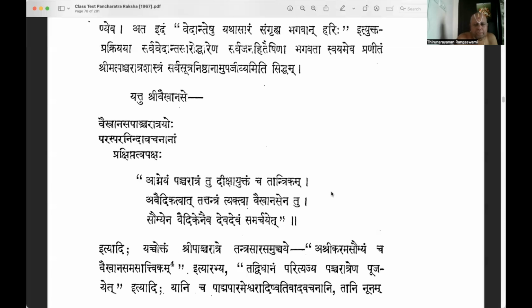So, Sarvajana Hitaishina, he is a well-wisher of all people. And therefore, by himself, Swayameva, Pranitam, he composed Srimad Pancaratra Shastram. Now, because he has composed it for Mahalakshmi, it becomes the Srimad Pancaratra Shastram. It is the science of Pancaratra, five auspicious nights. Srimad. Sarvasutra Nishthanam Upajivyam iti Siddham.